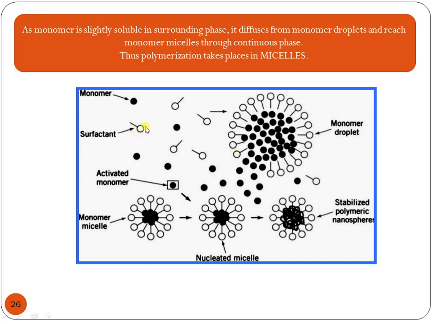This is the surfactant which aids in this. This is the initiator, and first of all the monomer micelle is formed. Then a nucleated micelle is formed in the next step with the help of initiators, and then this is the drug which is entrapped between the micelles, and stable polymeric nanospheres are formed in this way.